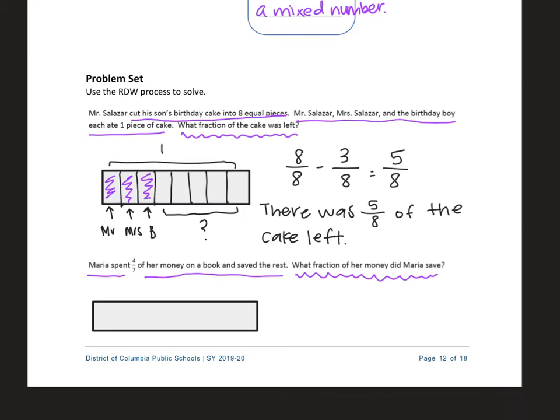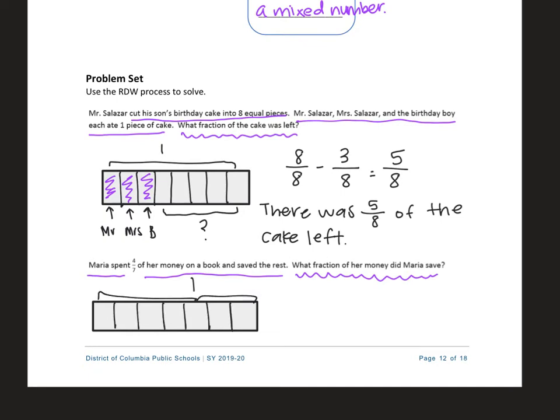She spent 4/7 of her money. So since 7 is my denominator here, I'm going to divide this tape diagram into 7 equal pieces. Okay? And I'm going to label this as 1 whole. This is all of the money that Maria has. Okay?